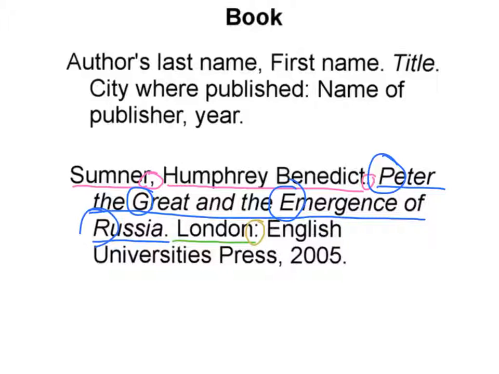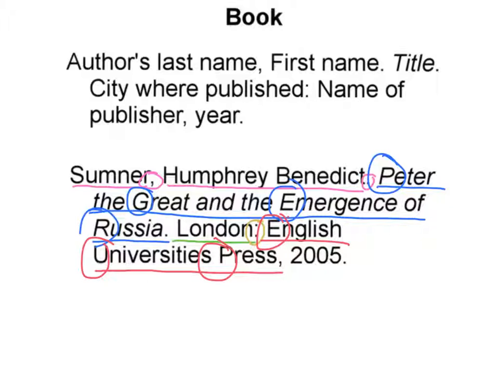And then we need to include the name of the publisher. In this example, it's English Universities Press. That's the publisher. And also notice that is capitalized. English Universities Press, that is all capitalized. So make sure you capitalize the name of your publisher.